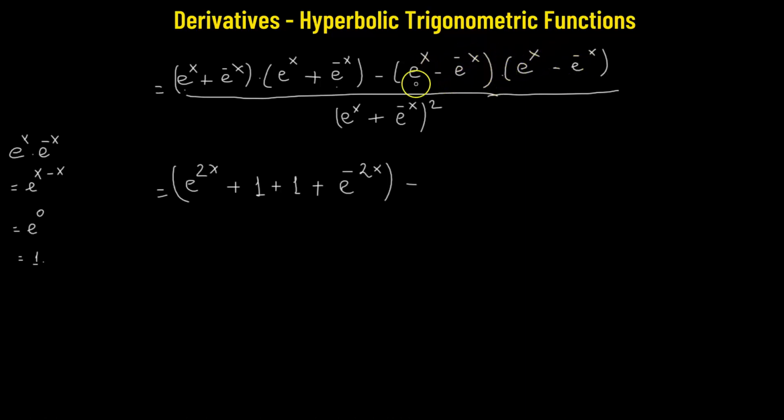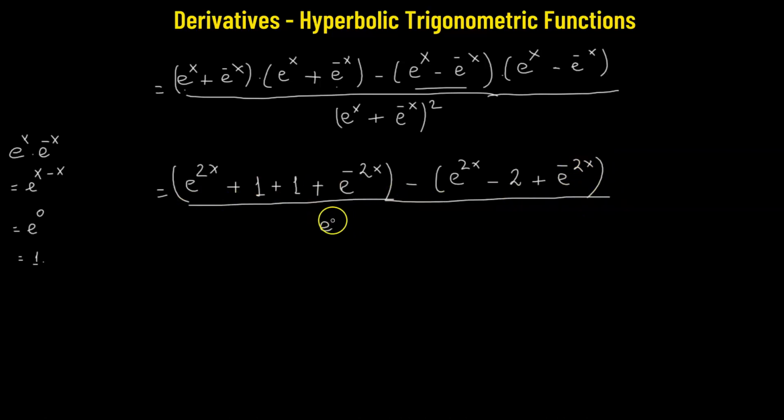So we are squaring this, we can apply the identity a minus b whole squared, so this will give us e raised to the power of 2x minus 2 plus e raised to the power of negative 2x whole divided by e raised to the power of x plus e raised to the power of negative x whole squared.